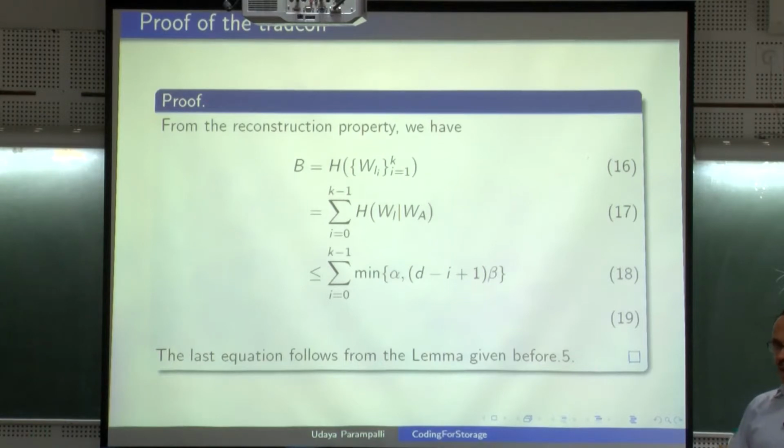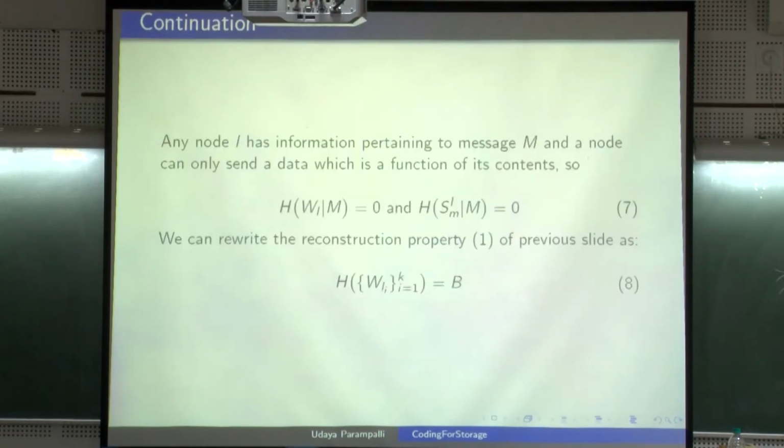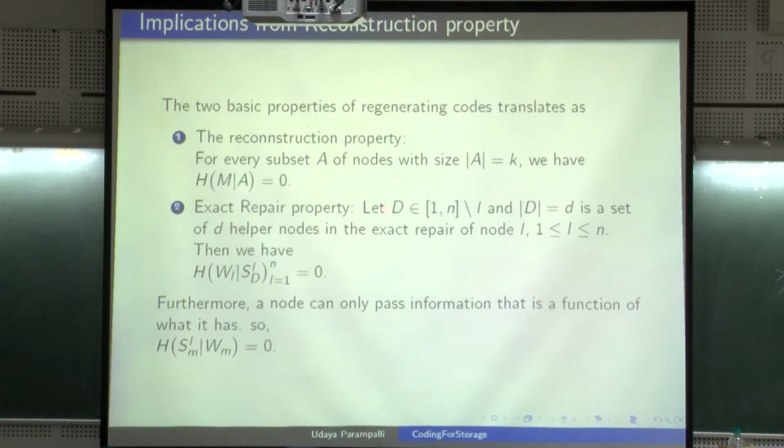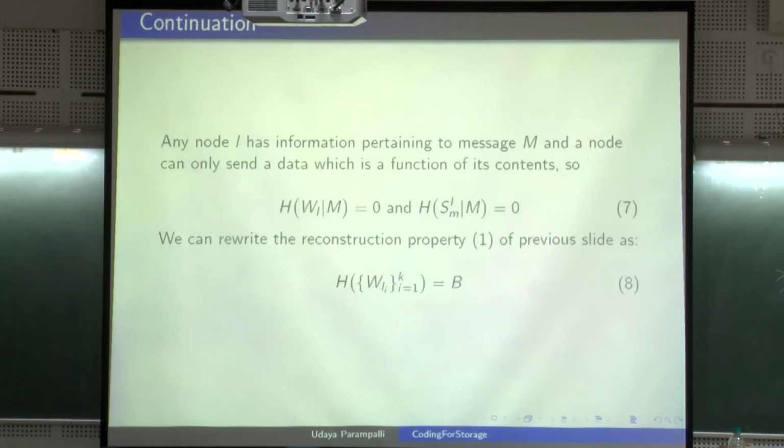Using the previous lemma, I can apply it to all the other variables. So from the reconstruction property, what did we learn? The reconstruction property says that the entropy of all the variables from 1 to k is B, the file size itself.